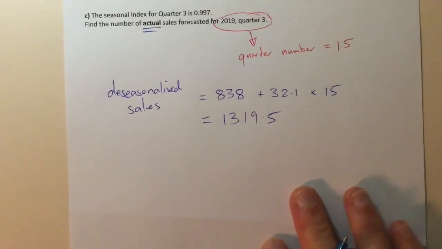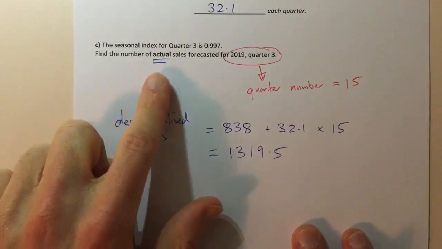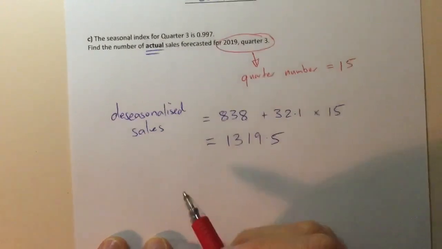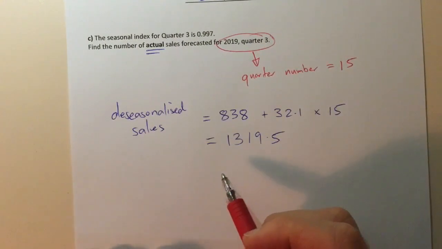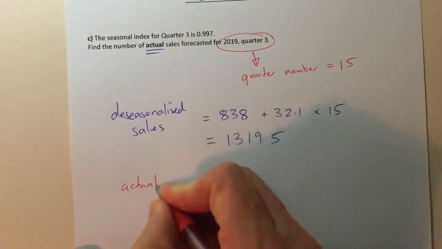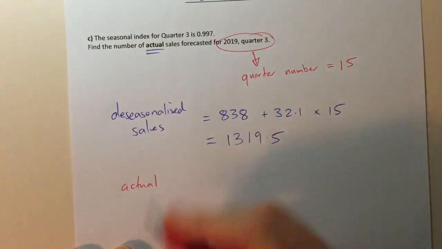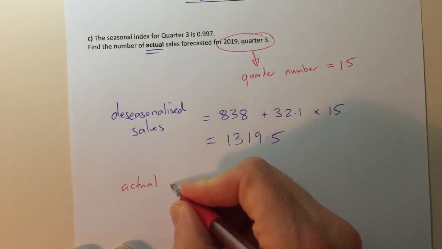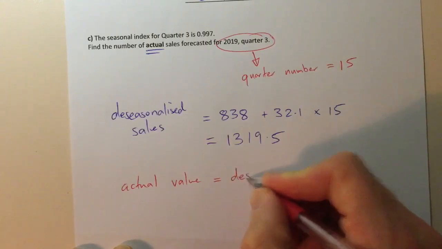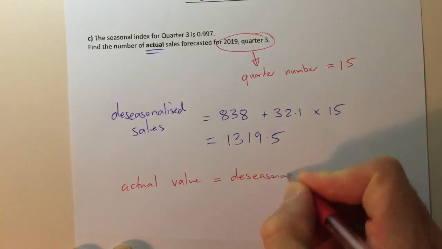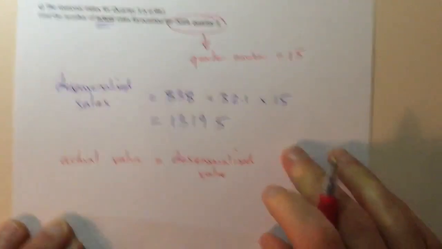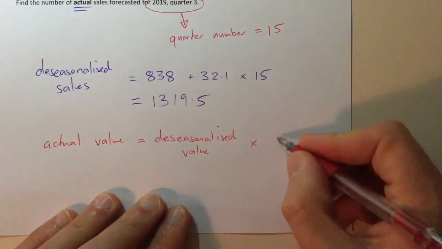But remember that we asked for the number of actual sales forecasted for this time period. So we're going to go back to one of our rules from seasonal indices in 6D that says that the actual value, if we think generally, equals the deseasonalized value times the seasonal index.